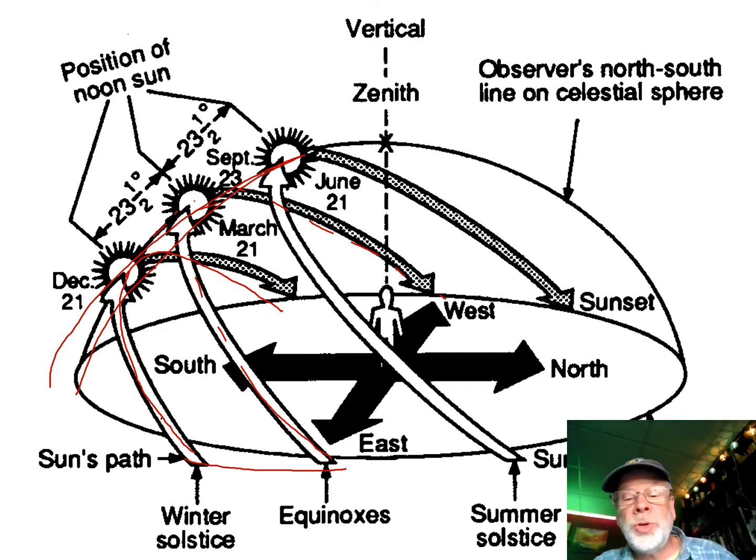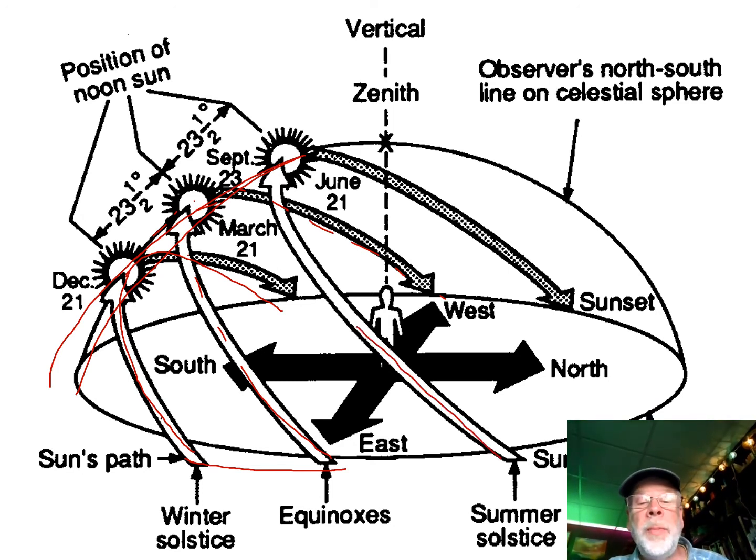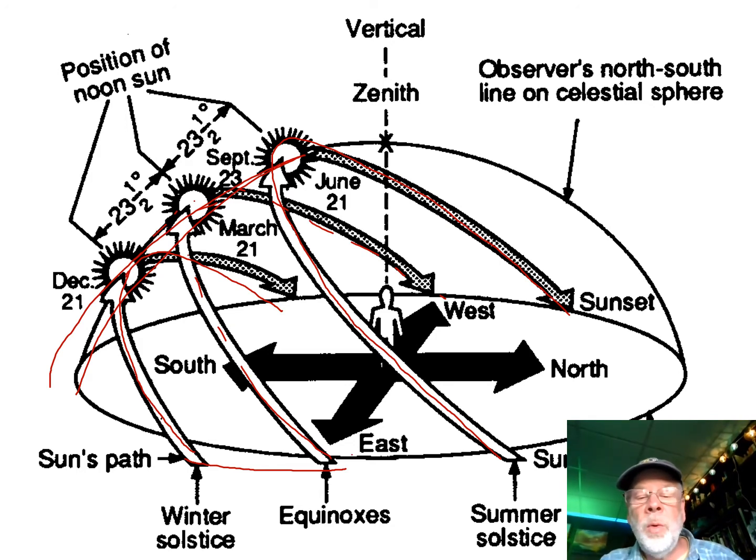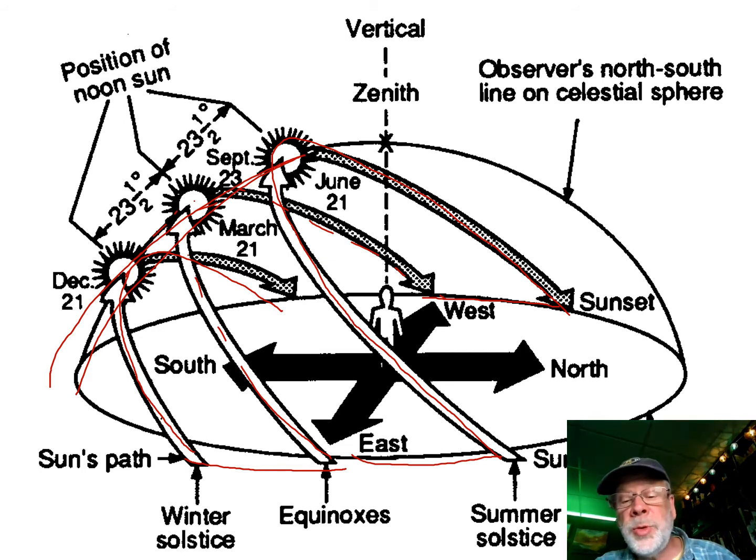Finally, when you get to June 21st, the sun is up the maximum amount it can be. It takes a long time to get there. Why? Well, now we're rising 23.5 degrees north of east. We're setting 23.5 degrees north of west. And that means the sun has a huge path to take as it moves through the sky.